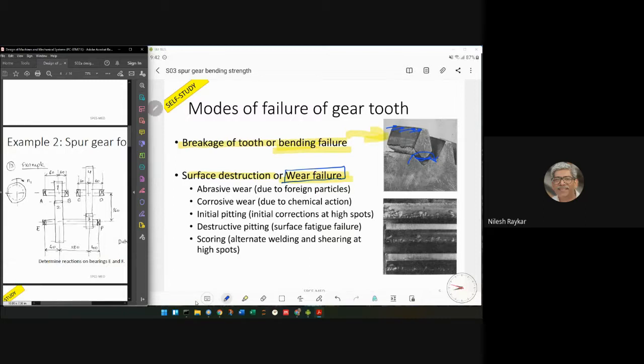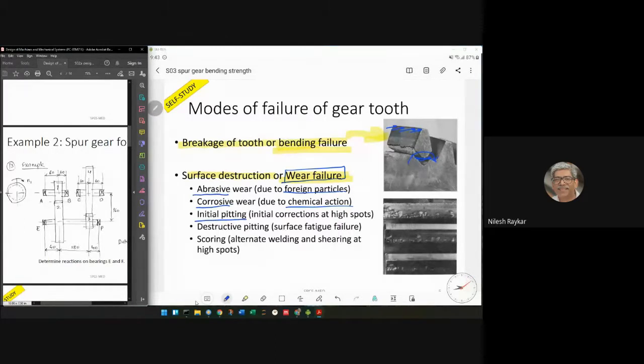The different reasons are abrasive wear, where there are some foreign particles, and corrosive wear, if there are some chemicals. Usually the lubricants contain some chemicals which at certain temperature may react with your material. You can read that from the textbook.